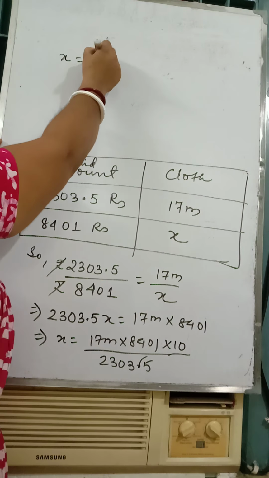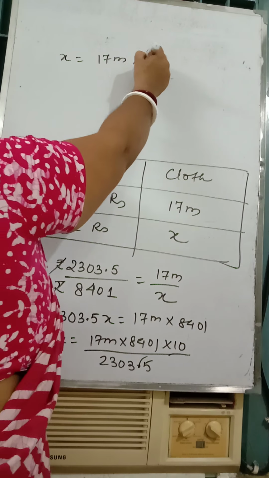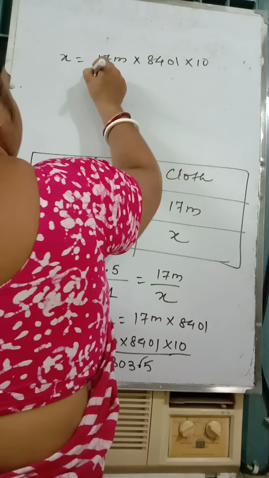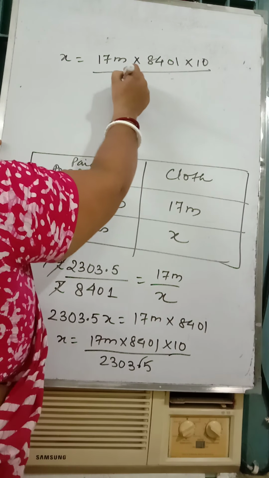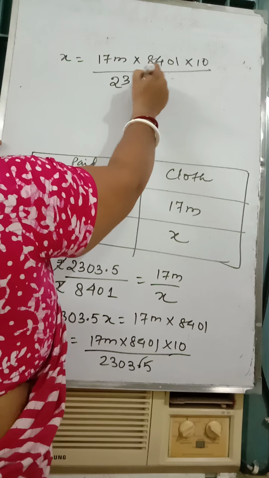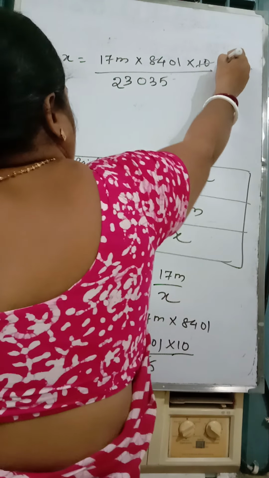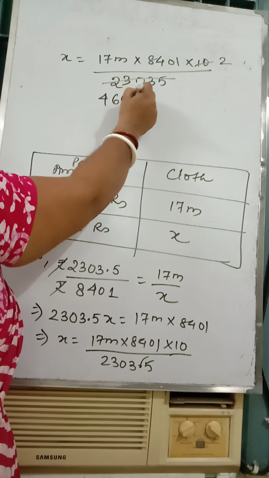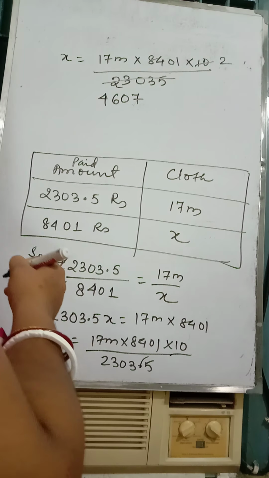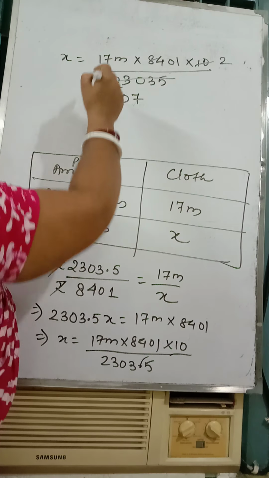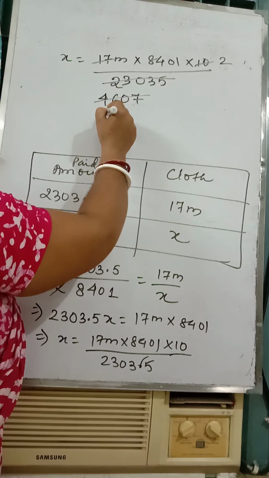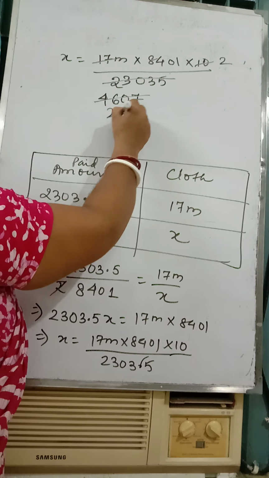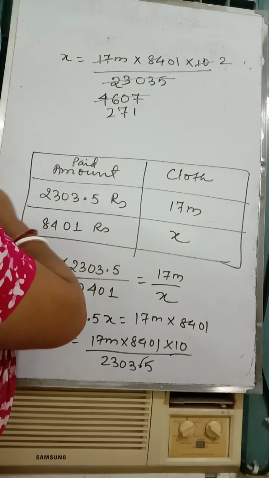X is equal to 17 meters into 8401 into 10 by 23035. 5 2s are 10, 5 4s are 20, 5 6s are 30, 5 7s are 35. Clear? 17, 34, 7 nines are 63, 1 by 71.